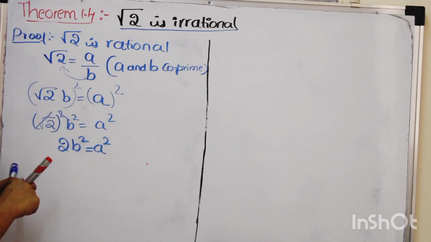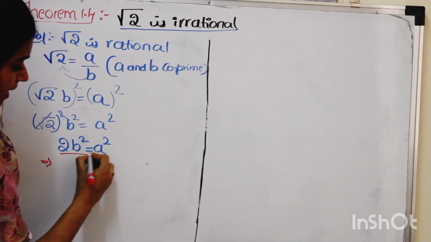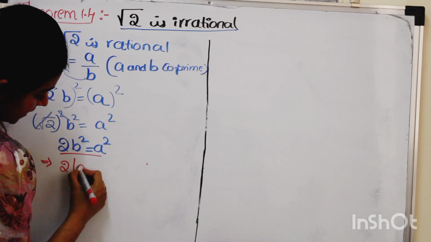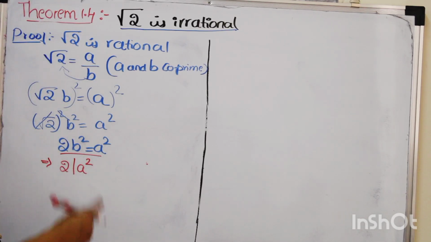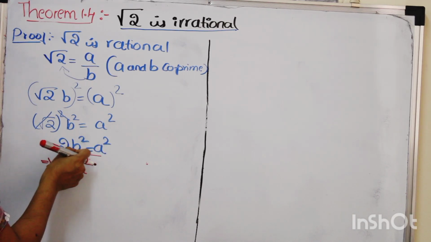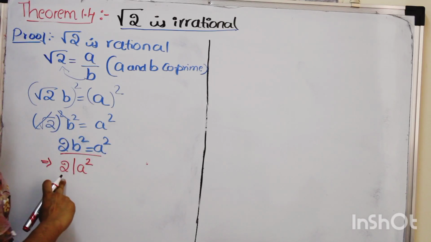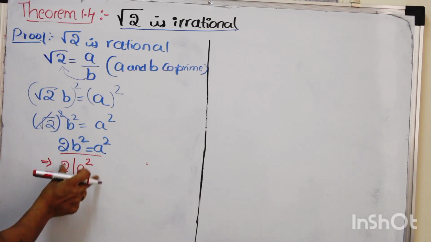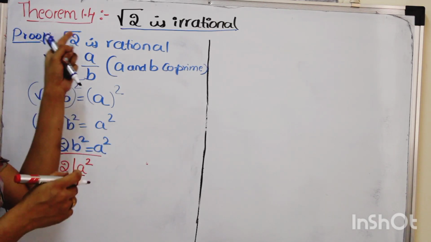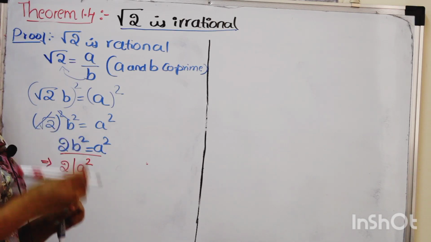So this implies 2 divides a square, because a square is a multiple of 2b square. So 2 divides a square. Now see, this is a very important case. You already learned theorem 1.3. What does 1.3 tell? P is a prime.